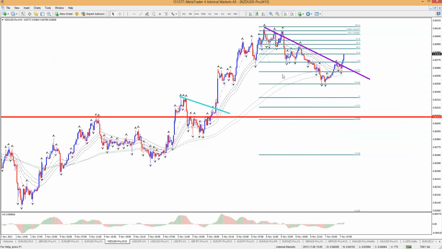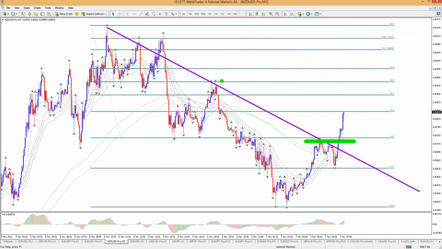Perfect bounce. Let's see. We're actually breaking out on a lower time frame here to the upside. Maybe if we get a hook back, it could make sense on the Kiwi. Right? A move back to the band, for example, on this 5-minute or 15.